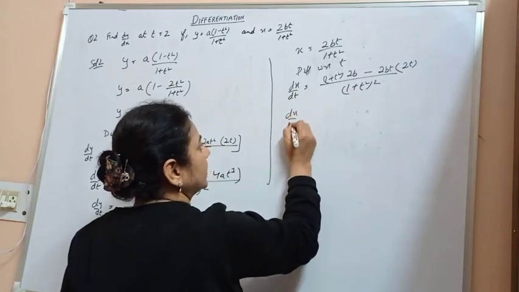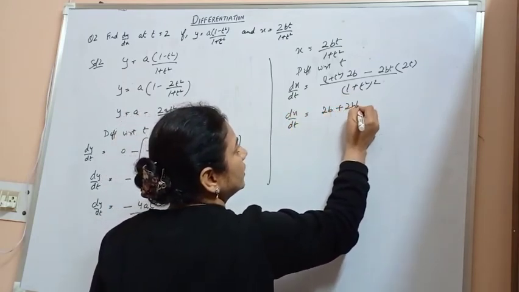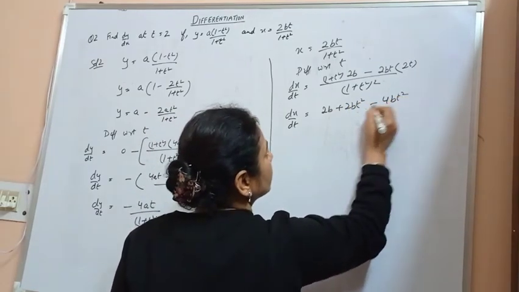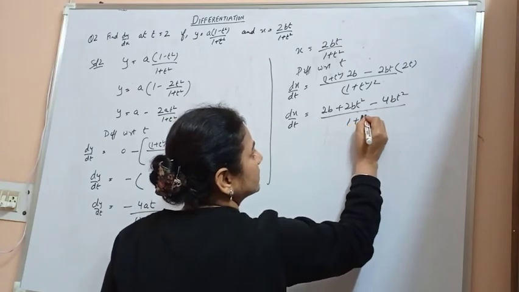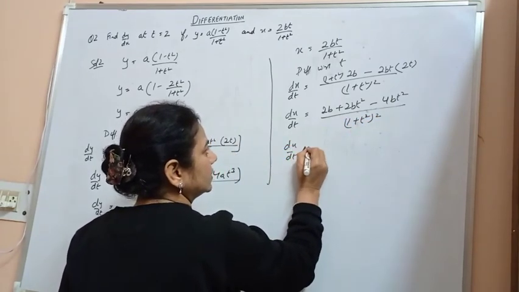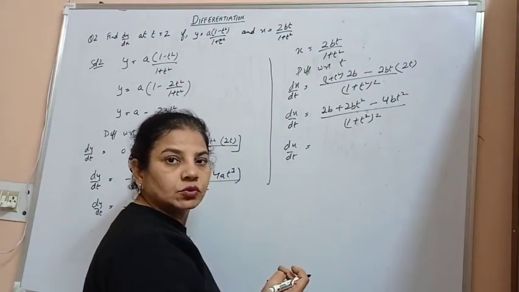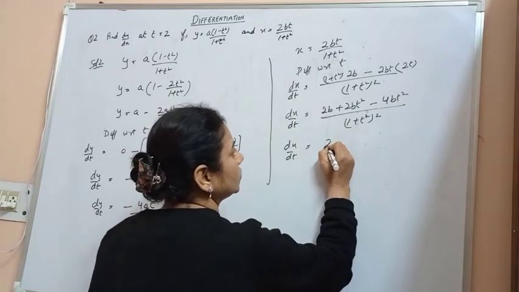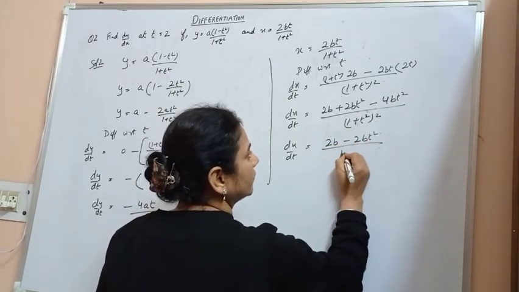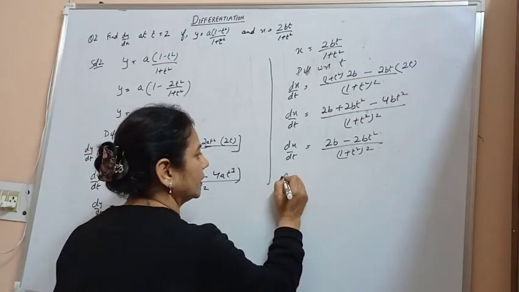So dx by dt is equal to 2b plus 2b t square minus 4b t square divided by 1 plus t square whole square. Dx by dt is equal to 2b minus 2b t square upon 1 plus t square whole square. Take 2b common.